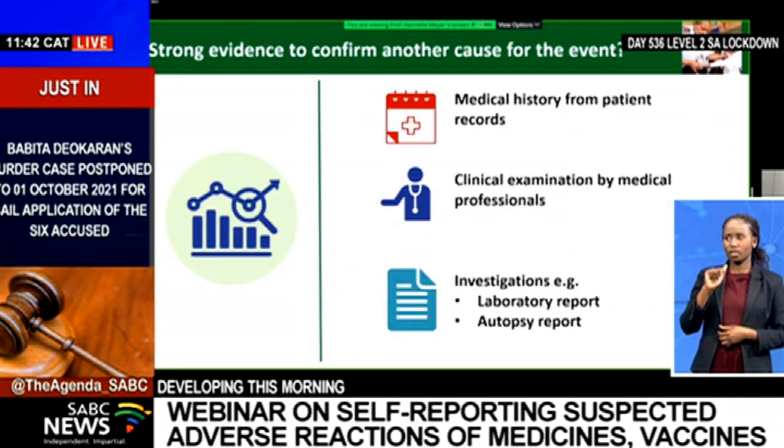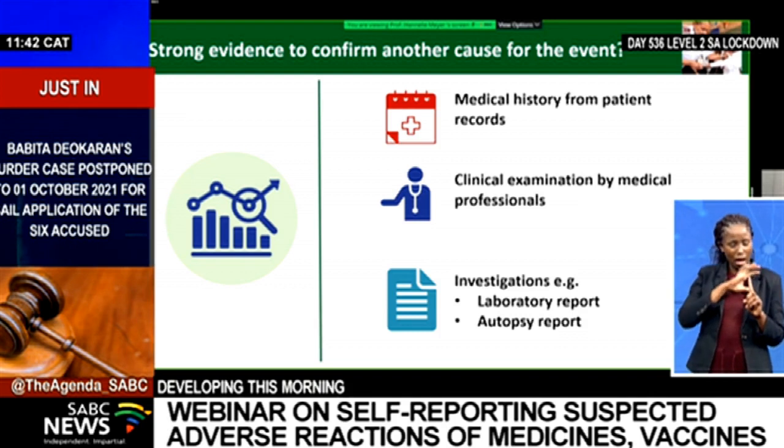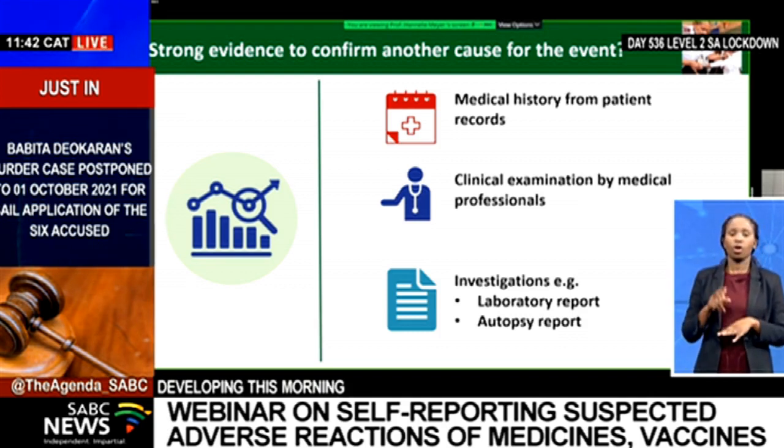Now, the second point is, is there strong evidence to confirm another cause for this event? To look at that, you look at the medical history from all the patient records, and that's why you need all the patient records. Furthermore, you look at the clinical examination by the medical professionals throughout the journey of the patient.